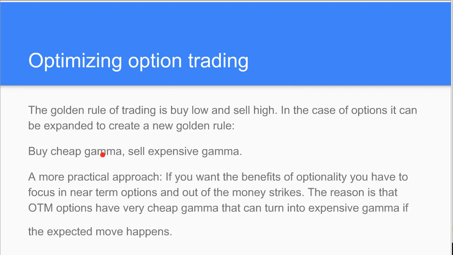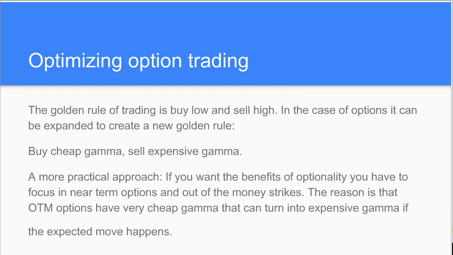My suggestion is to enter a position that has cheap gamma, and when the gamma of that position has increased near the peak, sell it. That's what I'm trying to do for a single trade. And if you want to create complex trades, yes, calendars are perfect. You mentioned.